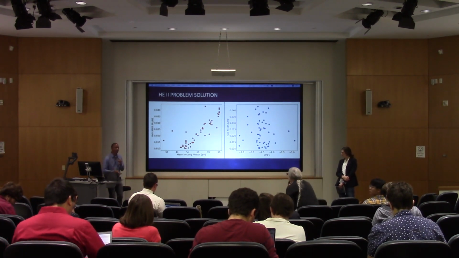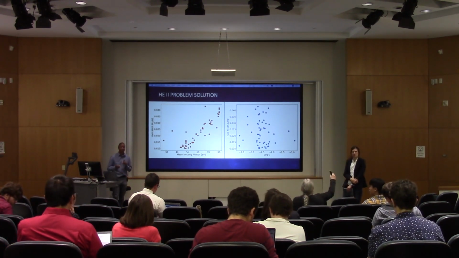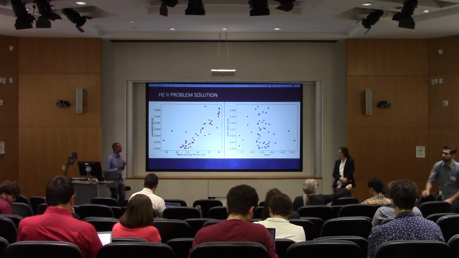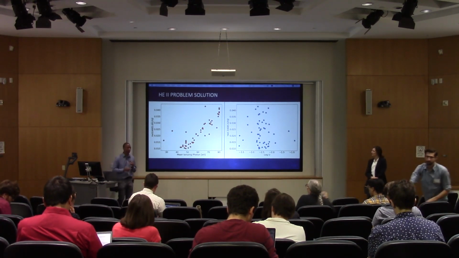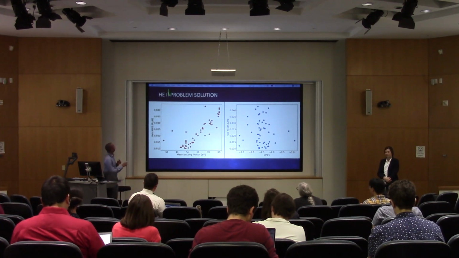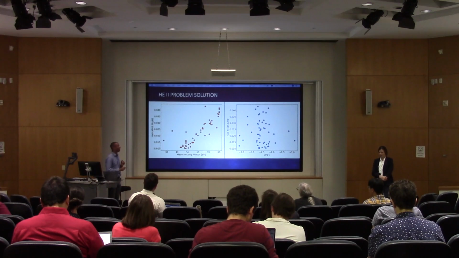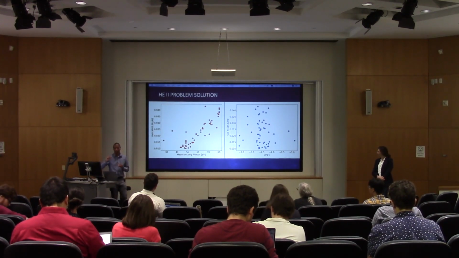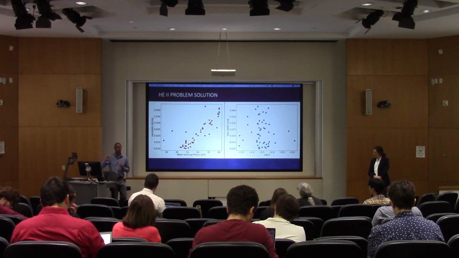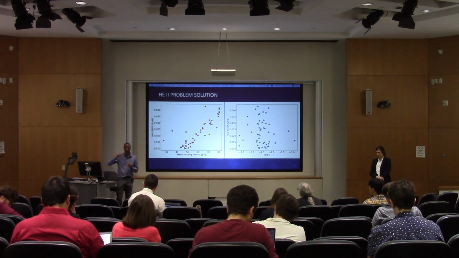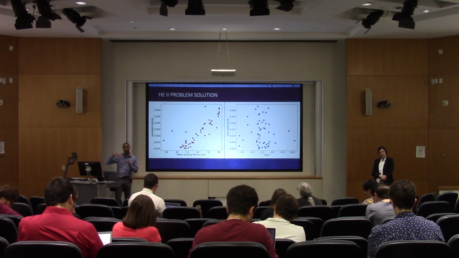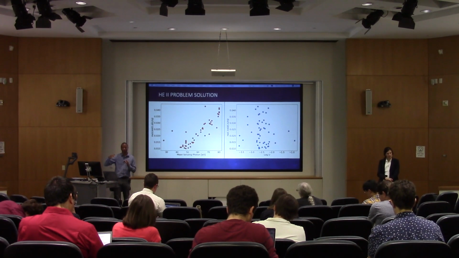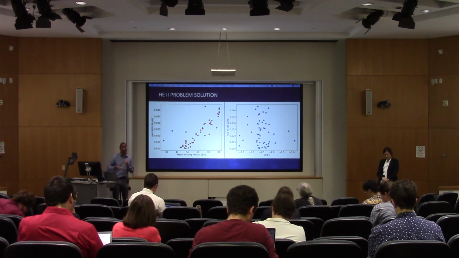Right. I kind of rushed through that. It was something I considered talking about as I was going through the slide. Off this slide, way up here in the 25% range, there are more points, and the reason is exactly what you talked about. These are points where you've actually saturated the gas. This is low density gas where you have a lot of escape of ionizing radiation, and that causes a really high ratio.